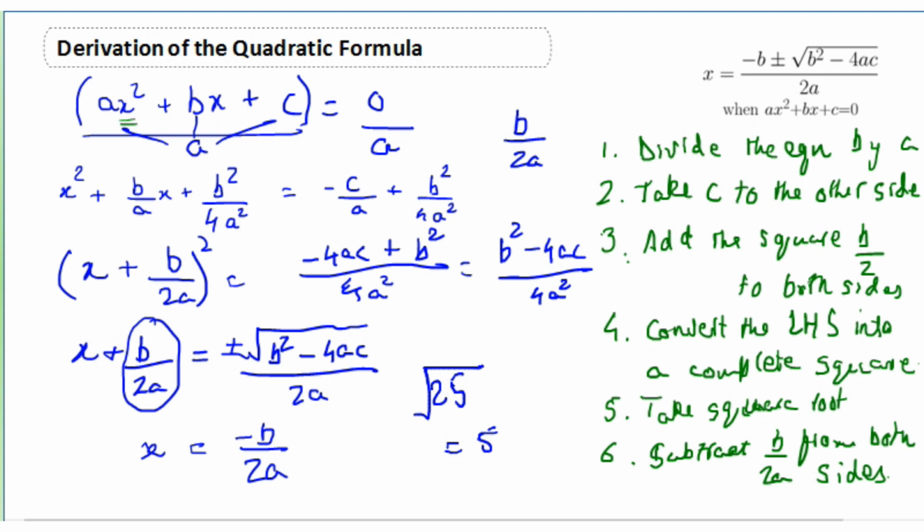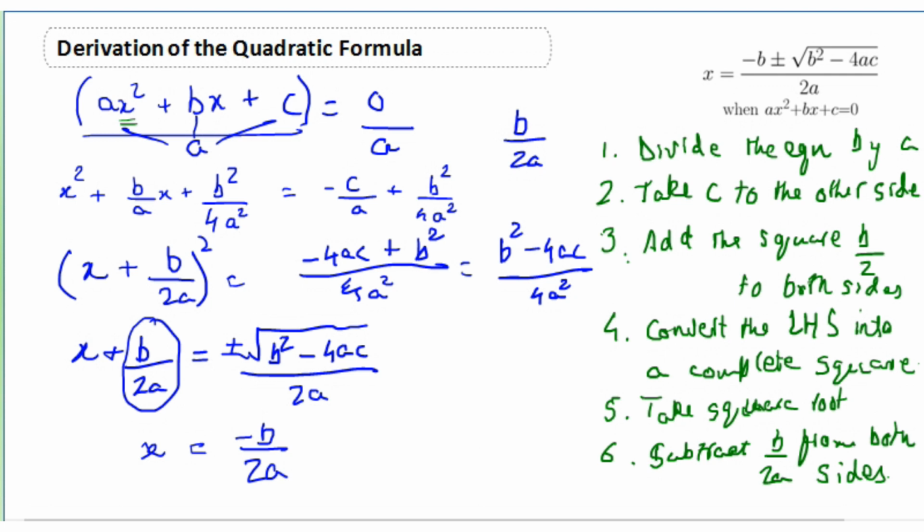So negative 5 into negative 5 is 25. So the square root of 25 is not only plus 5, but it is minus 5 as well. That is why the square root of b square minus 4ac could be a positive or a negative value, because the square of both will lead you to the same result, which is b square minus 4ac.